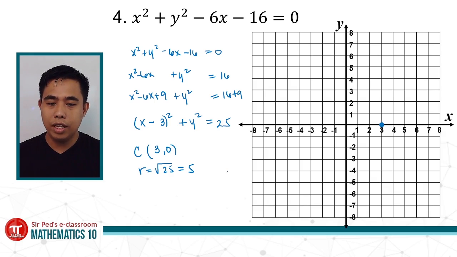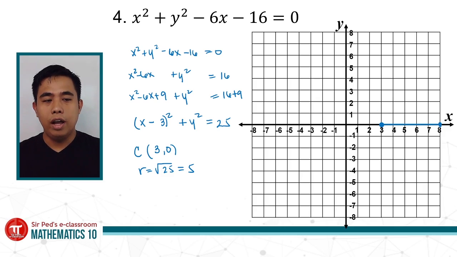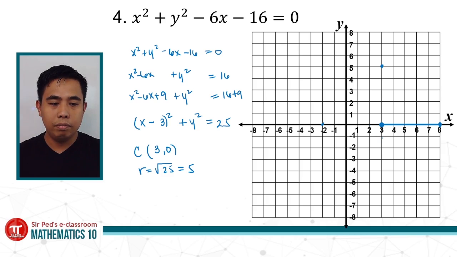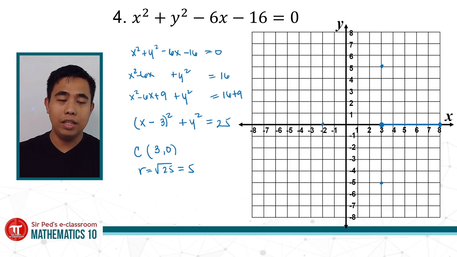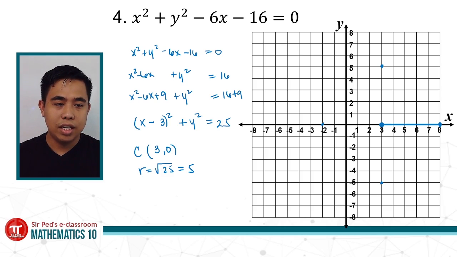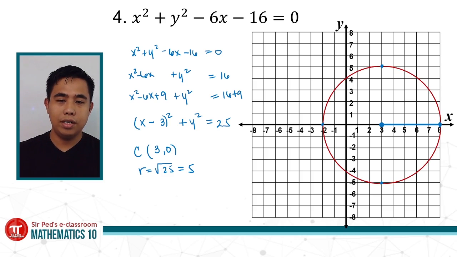Then count 5 units pa left. So yun. And then pataas, 1, 2, 3, 4, 5. Pa left, 1, 2, 3, 4, 5. And then pababa, 1, 2, 3, 4, 5. And then we are now ready to sketch yung ating circle. And that is now our circle.